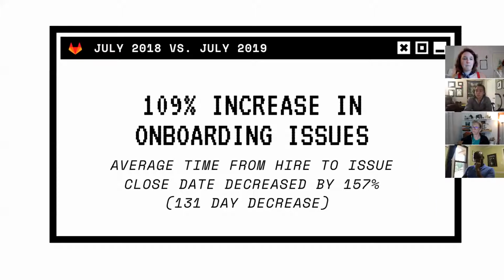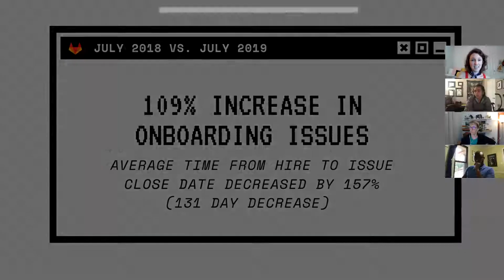Basically, if we look at July 2018 to July 2019, we've had a 109% increase in onboarding issues, which is crazy, but also fits with the hiring pattern that GitLab is on. And the average time from hire to issue close date has decreased by 157%. That's a 131-day decrease. So that's a good sign.